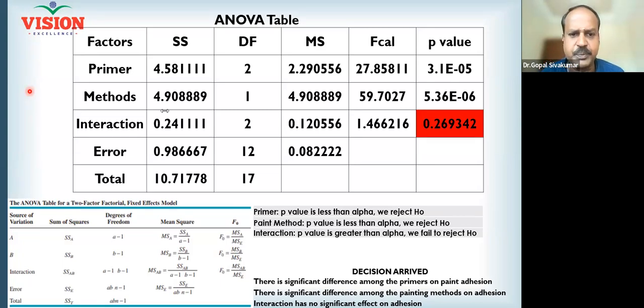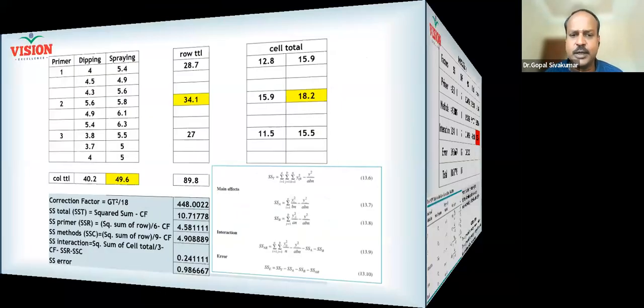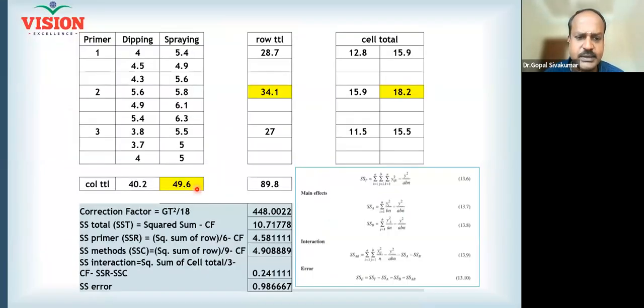So now, see here, going back. The number 40.2 is nothing but the sum of the first column. What is this number, 49.6?